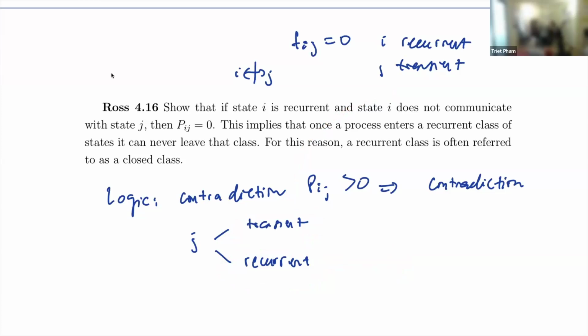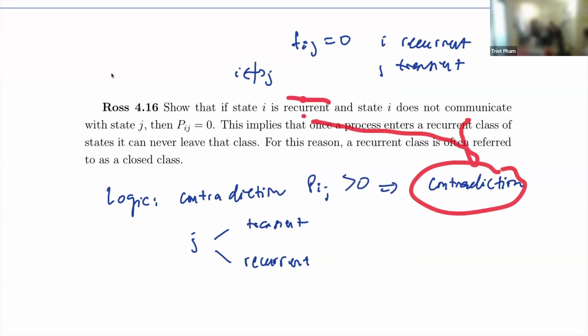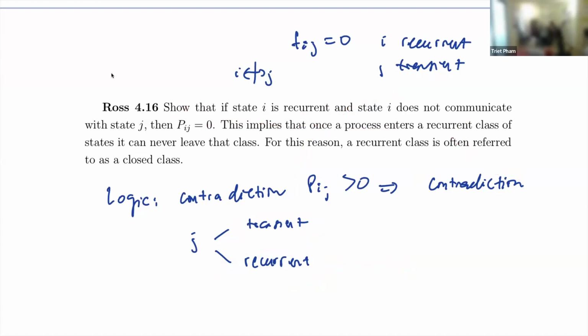Anyway, we don't know anything about J. And so if Pij is positive, we want to imply a contradiction. The contradiction must be to the hypothesis. But I want to point out that the contradiction should not contradict the I recurrent. The I recurrent is a standing assumption that's not negatable, or that's not the target of negation.